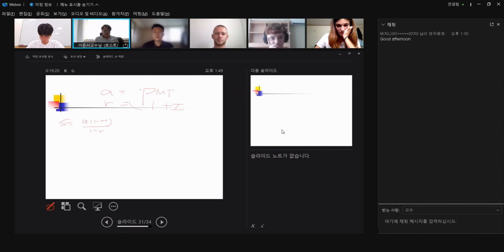So if we substitute these figures into the equation, then A equals payment, R equals 1 plus I, so we get payment times (1 minus (1 plus I) to the power of n) divided by (1 minus (1 plus I)), right?